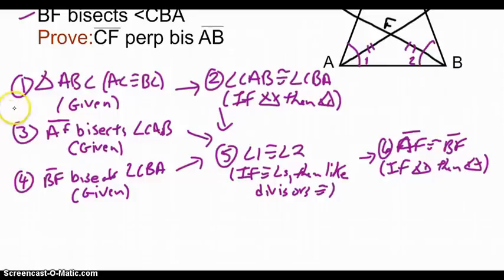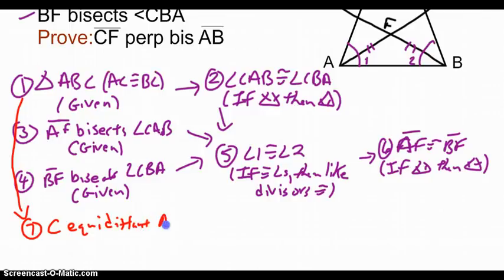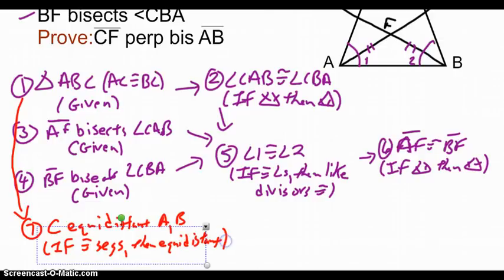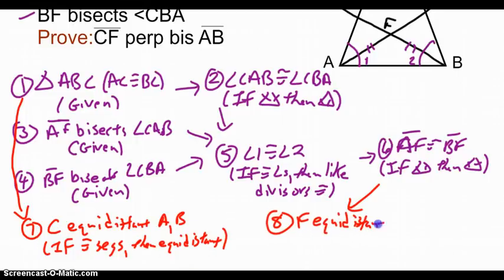So we would say, from step 1, we would have C is equidistant from A and B if congruent segments, then equidistant. From step 6, we could get F is equidistant from A and B, same as 7.